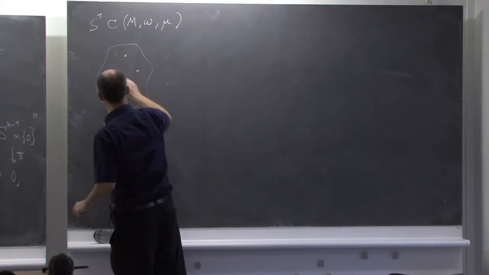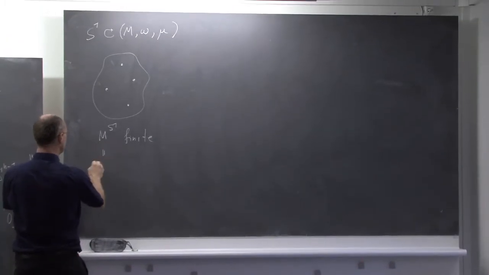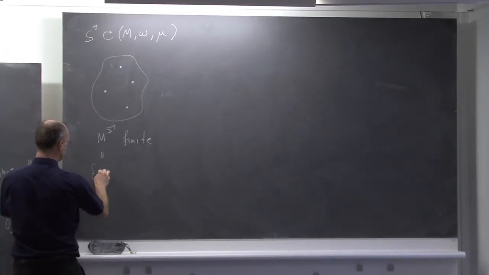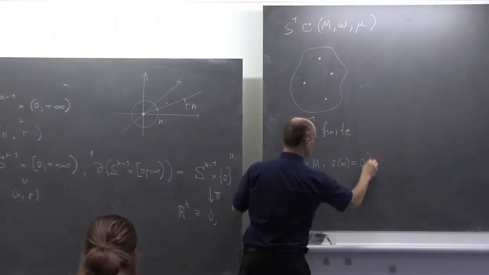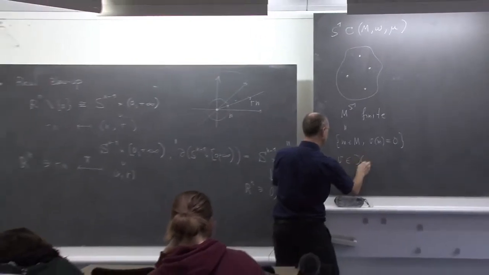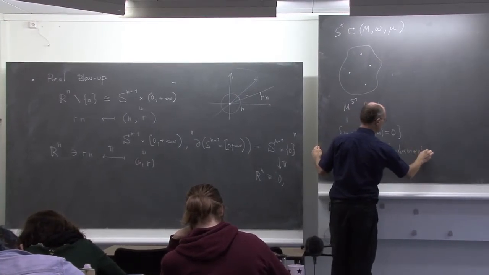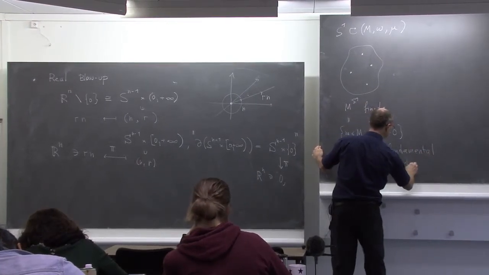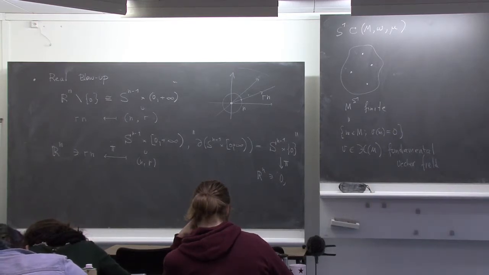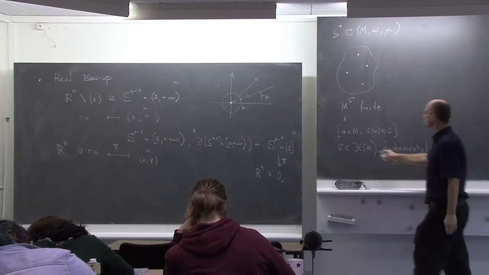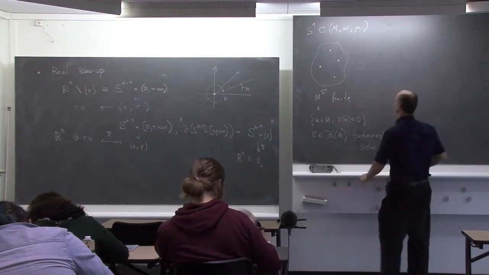So here they are, those points sitting. And we know that this is the same as the set of points where V of M is equal to 0, where V is a fundamental vector field. So we have our fundamental vector field for the S1 action, and the set of its zeros, that's exactly this set of fixed points.